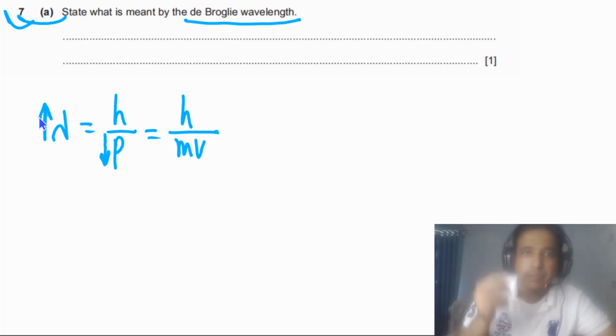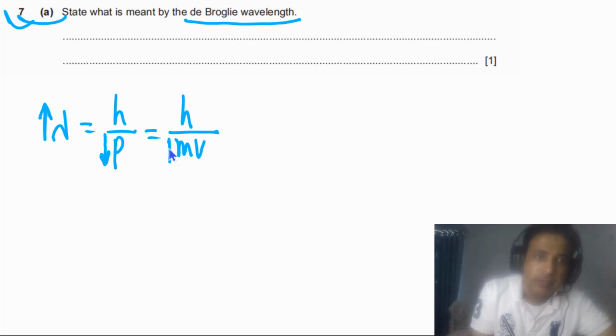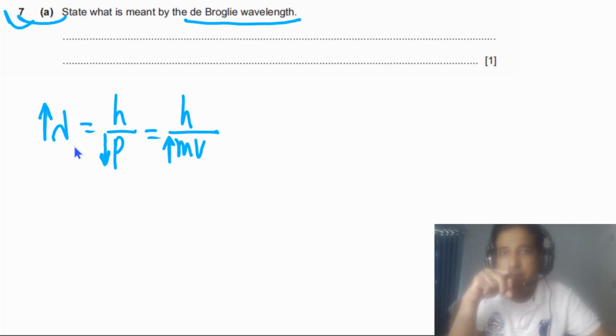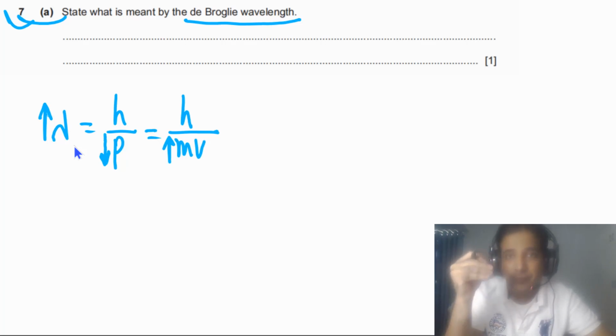But for human beings, as the mass is very high, lambda is very short and not detectable. That's the reason we appear like a particle. But the mass of an electron is very small, and it can be detected by different experiments like electron diffraction. We can observe that the electron behaves as a wave.